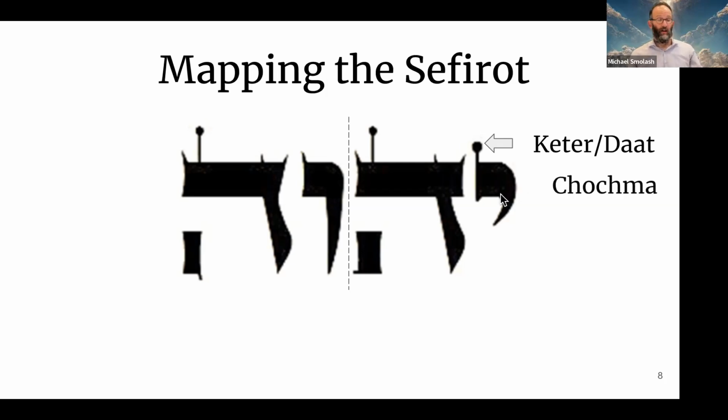Chokhmah is the Yud itself, that represents the point through which anything comes into being, through which the universe is being created. And there's your point. Now, Bina, that is the intellectual process which expands that point. That is that first Hey.